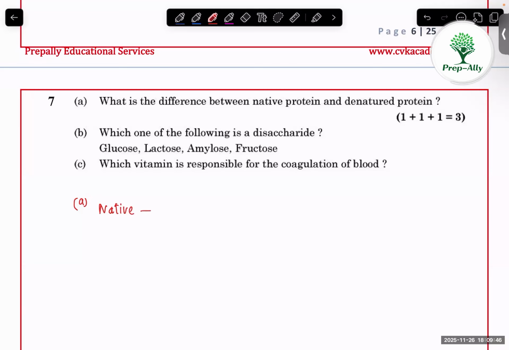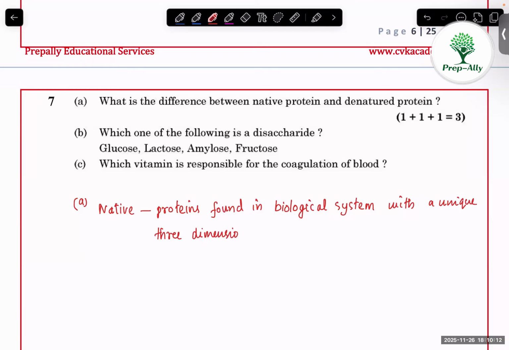So native form means proteins found in biological system with a unique three-dimensional structure and biological activity.